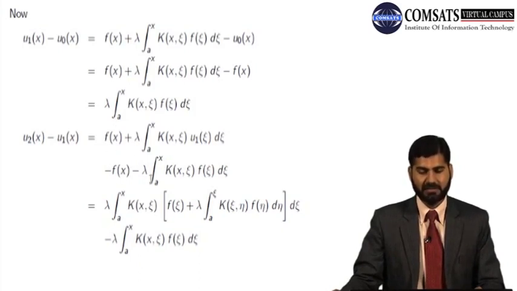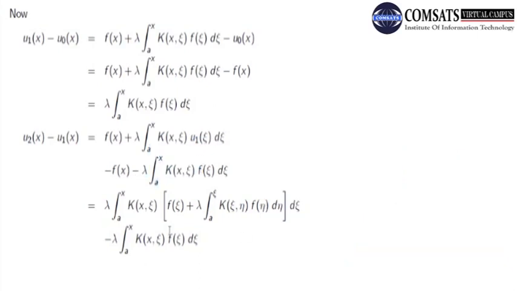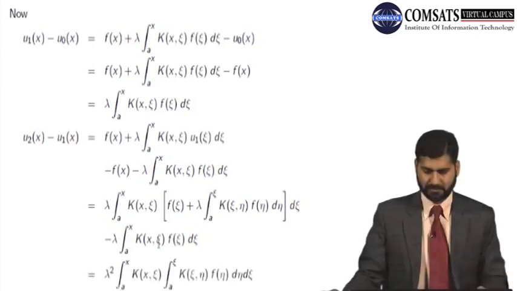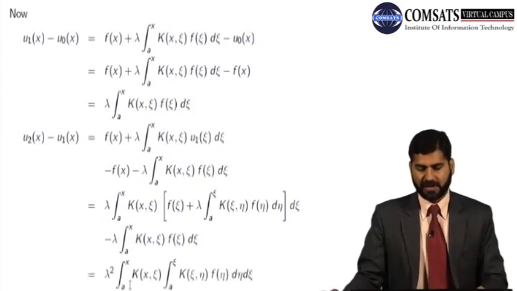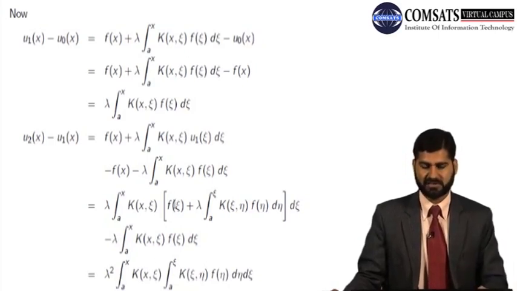You took lambda as common, so you got these two things: f xi plus u1 xi. Here we replace the value of u1 as well. What is u1? u1 is this whole thing. So we replace this u1 by this whole thing, minus lambda times this one. By simplifying you got this. It's very easy, just straightforward calculations.